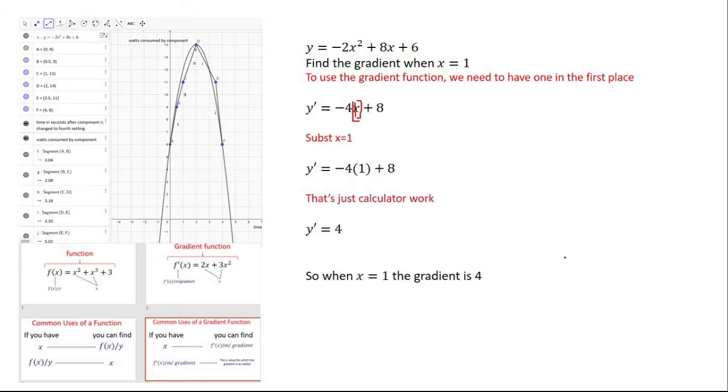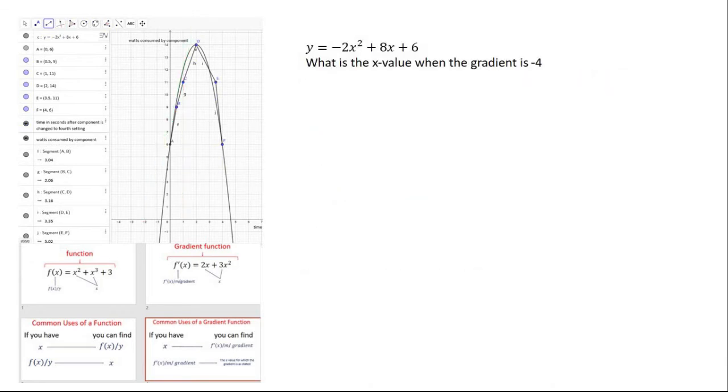So let's look at this question here. It says the gradient is negative 4, and it's asking, what's the x value when that happens? So remember, this is a constantly changing gradient. Somewhere on there, the gradient is negative 4. So we know it's going to be in this half. Somewhere on there, the gradient is going to be negative 4. But where? So what did I say?